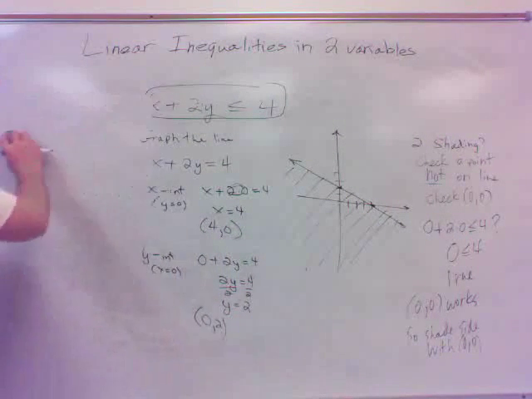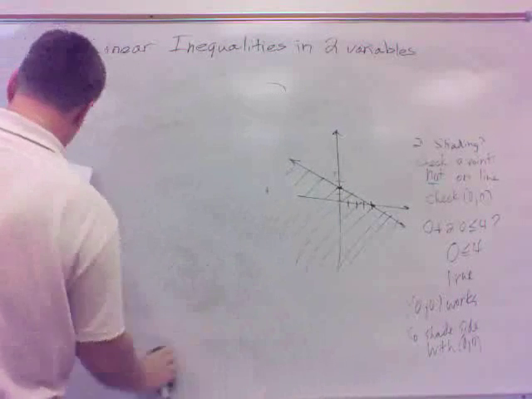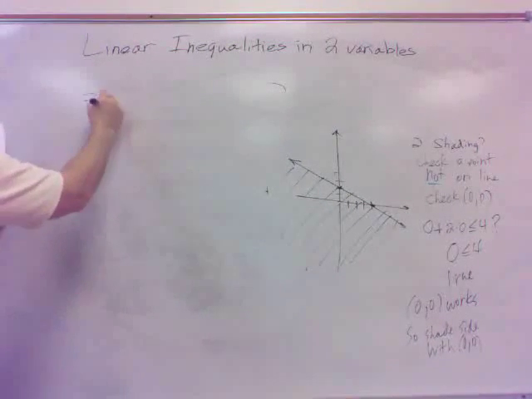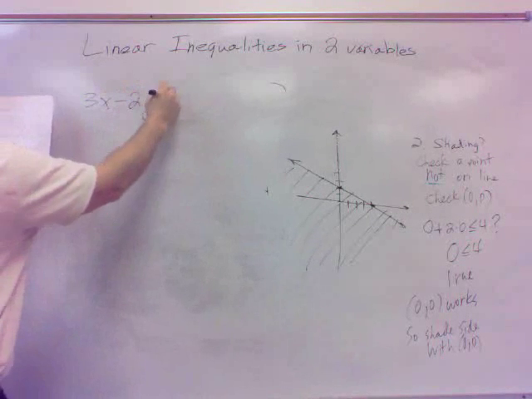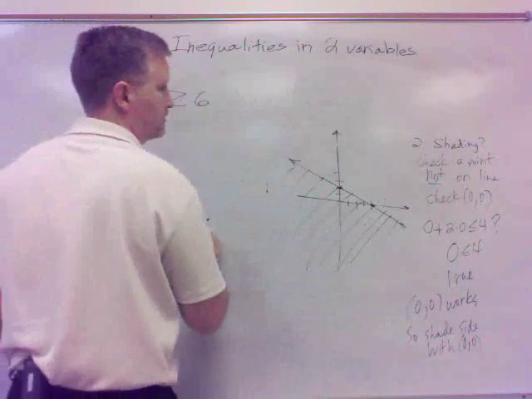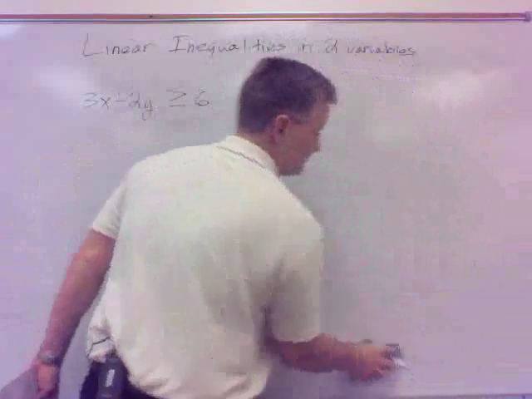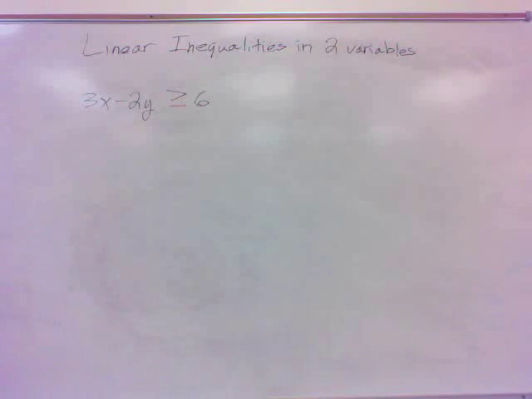All right. How about another one? 3x minus 2y is greater than or equal to 6. So the first step is to do the line.